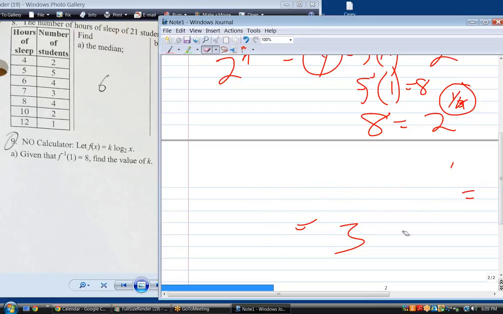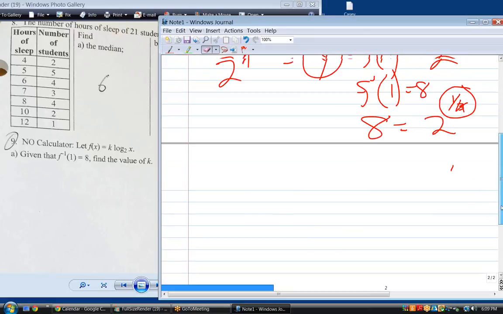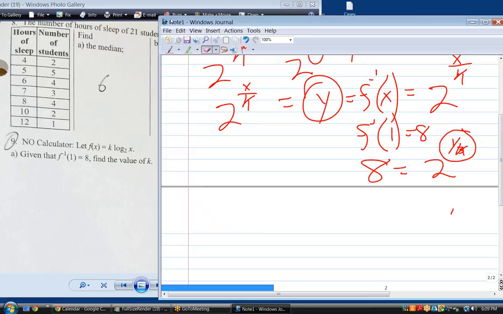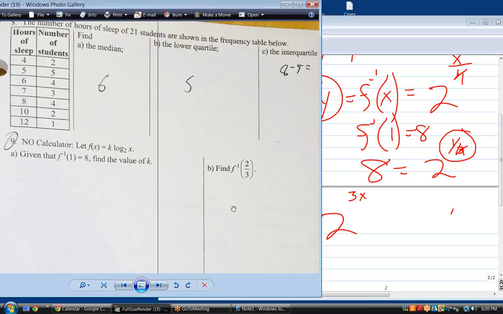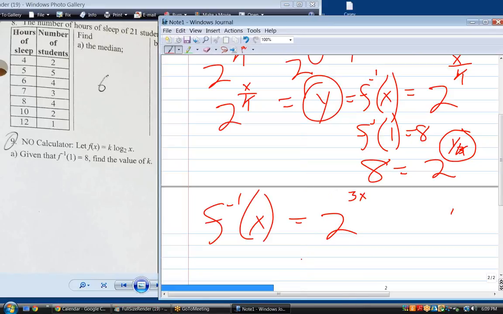So now we know what the inverse function actually is. f inverse of x equals 2 to the 3x. Really? Yeah. Okay. And part B, find f inverse of 2/3.